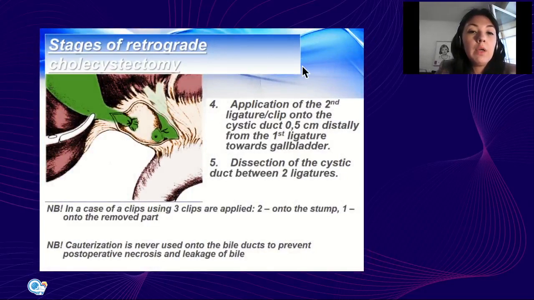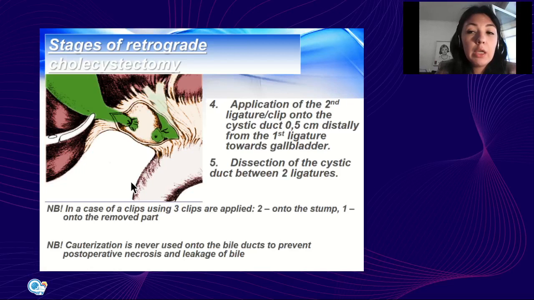After that, we apply a second ligature or clip onto the cystic duct 0.5 centimeters distally, so higher from the first ligature, towards the gallbladder. And we dissect the cystic duct between the two ligatures. In case we apply clips, for example laparoscopically, we use a clip applier, a special instrument.